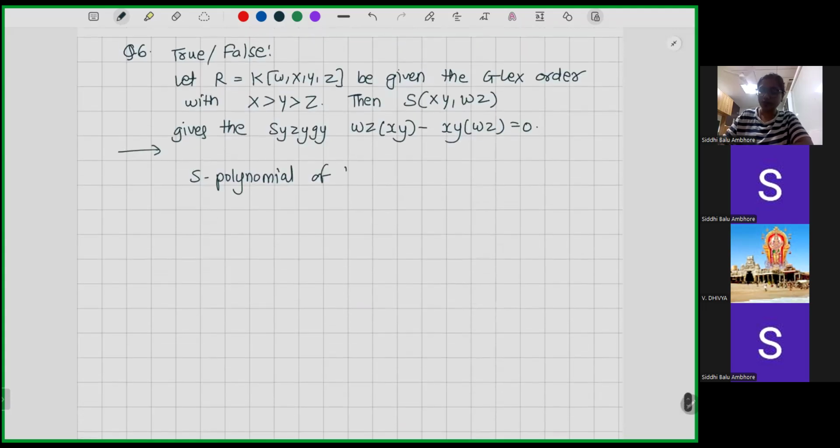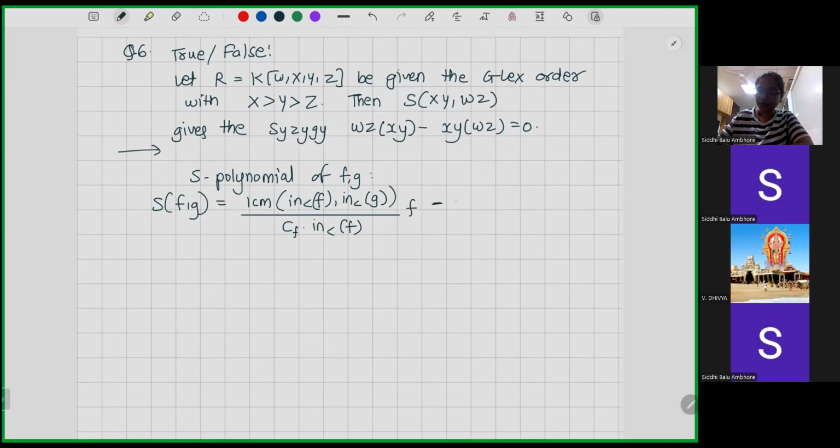The S polynomial of f comma g is denoted by S(f, g), and it is the LCM of the initial term of f and the initial term of g, divided by C_f, the coefficient of the leading term of f, times in(f), times f, minus again the same term but with g: the LCM of in(f) and in(g), divided by C_g times in(g), times g.